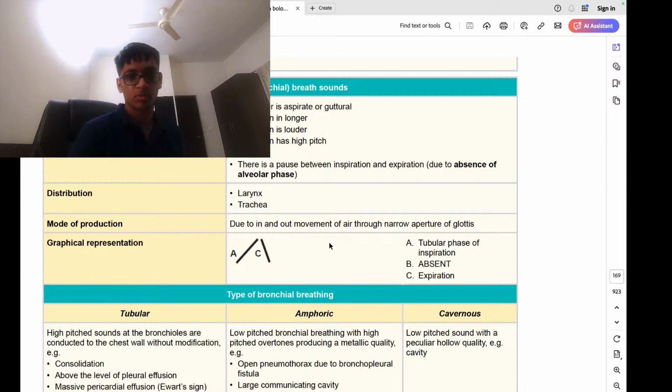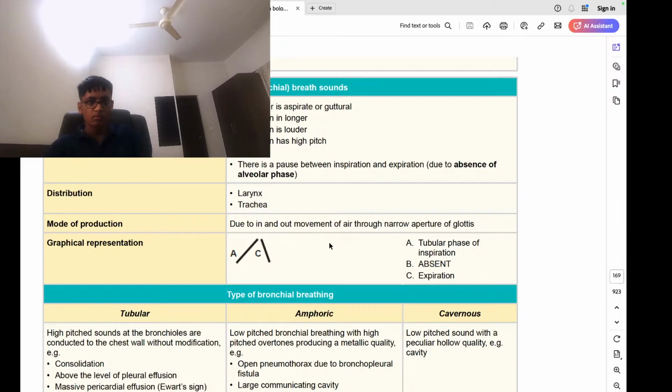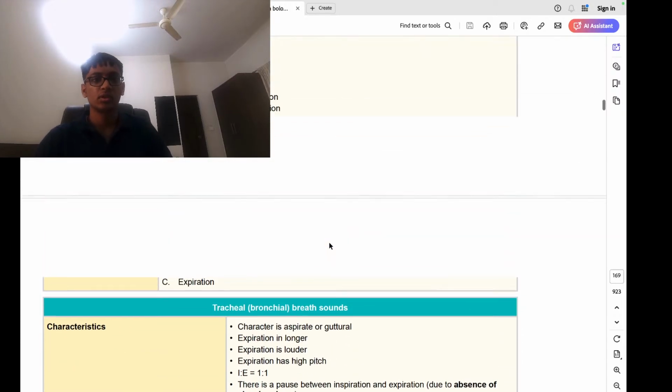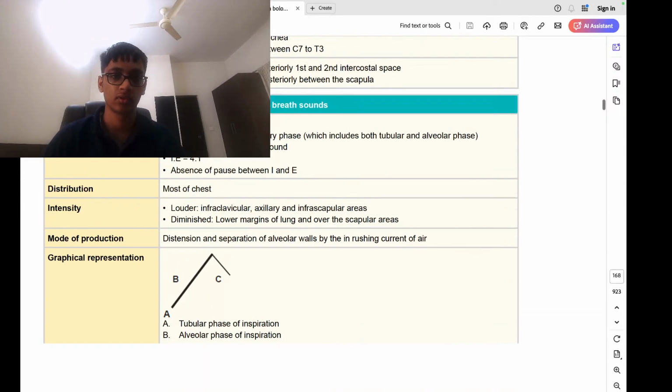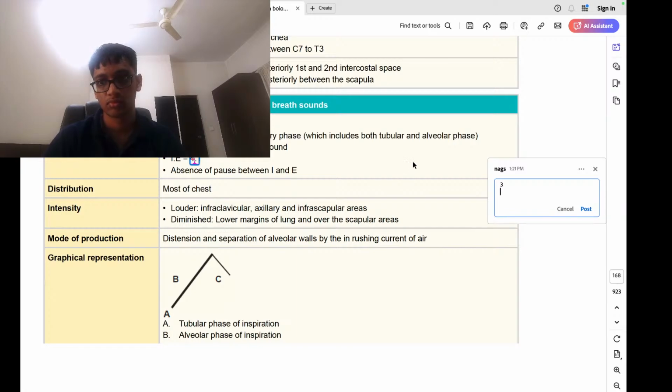I have learned it as 3:1, not 4:1 here. Strike this out. It is 3. Okay, it's okay.